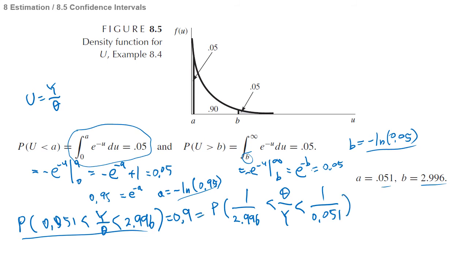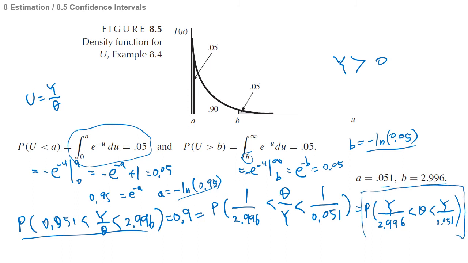And if we multiply y to both sides, which is possible because y is greater than 0, this is the probability that y over 2.996 is less than theta, which is less than y over 0.051. So now we have derived the confidence interval for theta. The probability is 0.9.